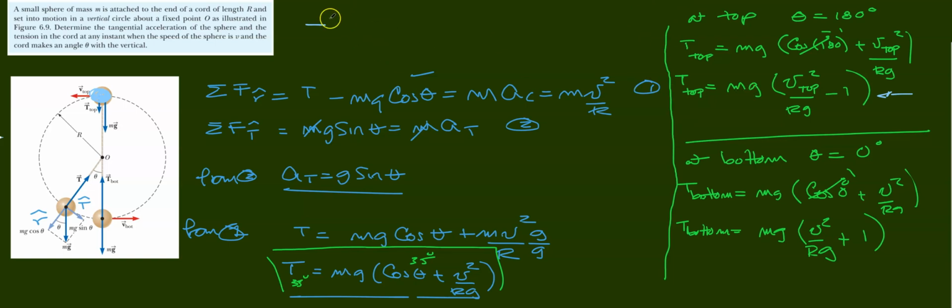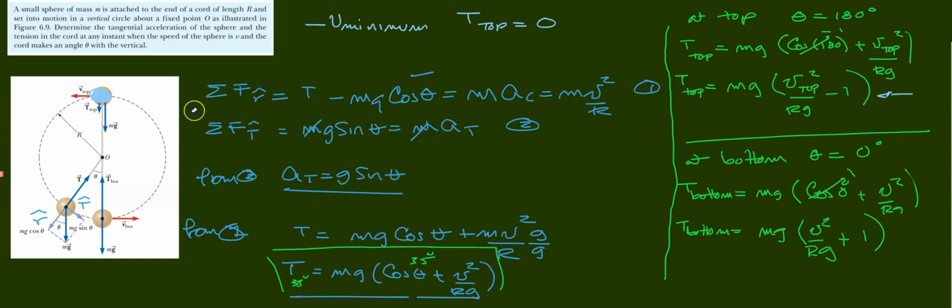And that is the minimum speed you can give to the ball at this position, and the ball still goes in circular motion. That minimum speed is when the speed is so low that the tension at the top becomes equal to 0.